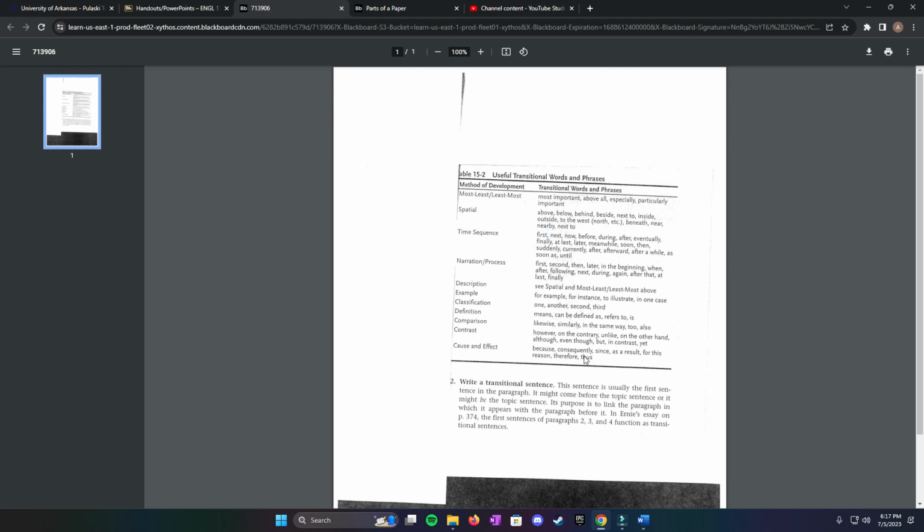Those are all transition words, but also are some words and phrases like because, consequently, however, for instance, for example. Those are all transitional words, and they're trying to get you to transition from one point to the other. They're letting your reader know, okay, we're moving on from this point and we're going to another one.